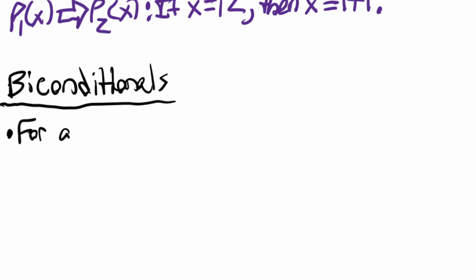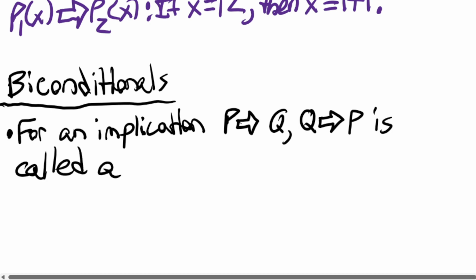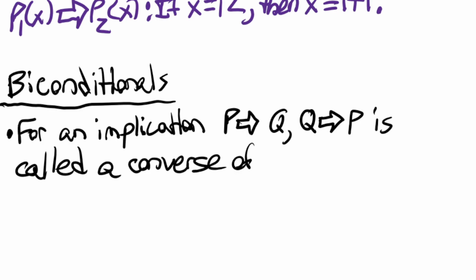So building off of implications, for an implication P implies Q, Q implies P is called a converse of P implies Q.